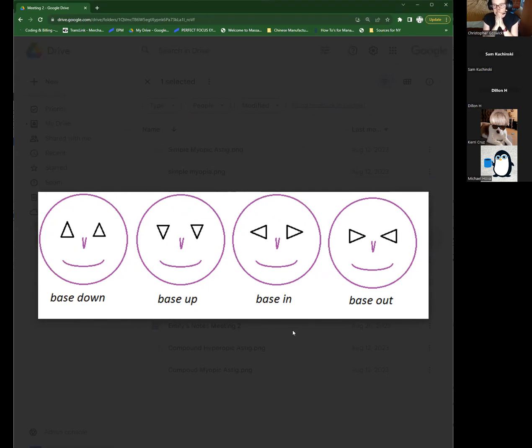If you go to the third picture here and think about something being base in, think about those bases as pointing to the nose. If you're thinking about things base out, again, it's in reference to the nose. And then base up and down is less about the nose, and that one's a little more straightforward. The base is down or the base is up.